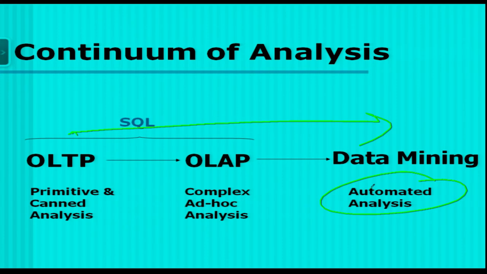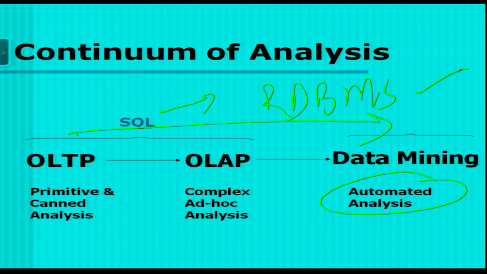So the capabilities of your OLAP tool would be governed by what is possible with SQL, and you will appreciate that nowadays most of the relational database vendors are incorporating new features applicable for data warehousing in SQL. So that's a very good thing to see.